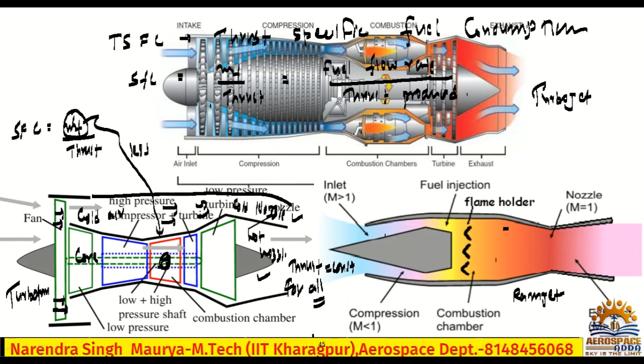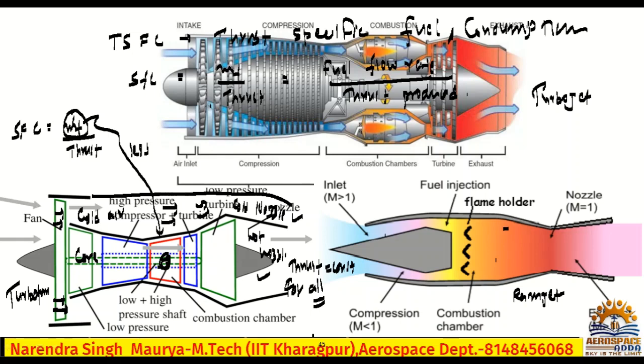Now, this thrust totally depends on the turbine inlet temperature. More turbine inlet temperature, more thrust. Because more turbine inlet temperature means more exit velocity, and more exit velocity means more thrust. Just listen carefully, you may understand easily. Thrust will depend on the amount of fuel.